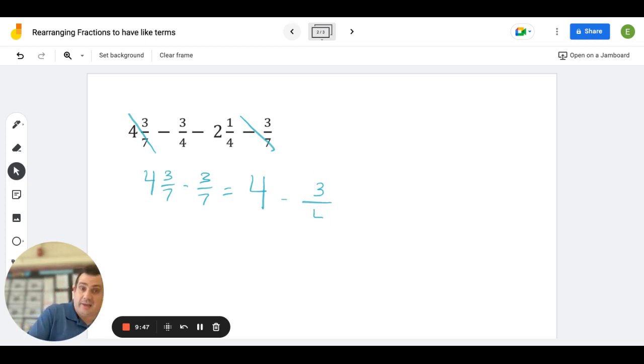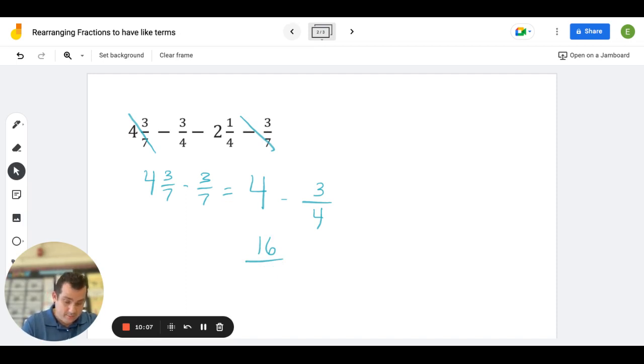You can do this a couple different ways. One way is, how could I turn 4 wholes into fourths? That would be 16 fourths. I can do that. And now I could start subtracting.